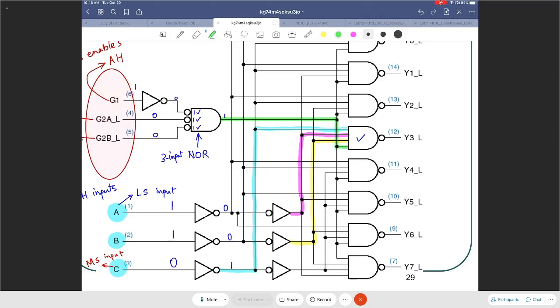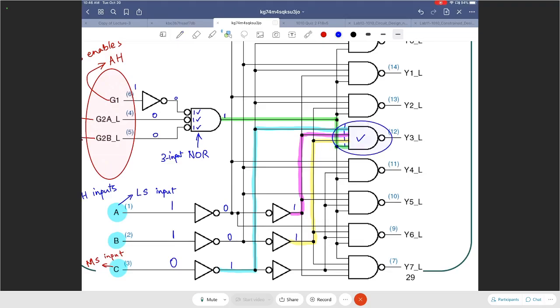So as long as it is enabled, that particular green line is going to be 1, but all the other lines only for this NAND gate are also going to be 1. You see this guy here, 0, it becomes a 1 there, right? And that guy 0 becomes a 1 there, and that 1 is already a 1 there. So you get all ones only for this particular NAND gate.